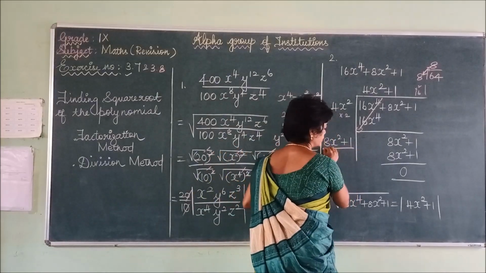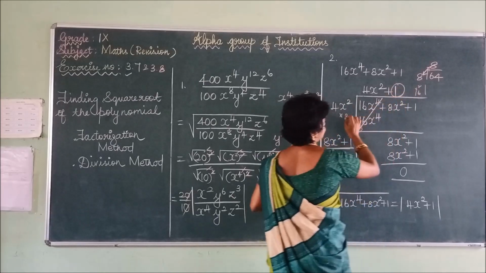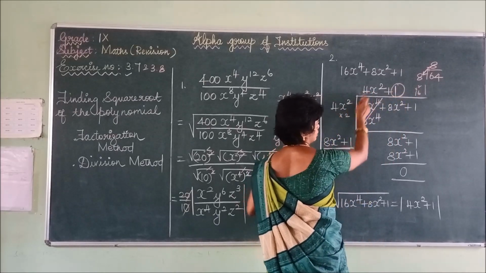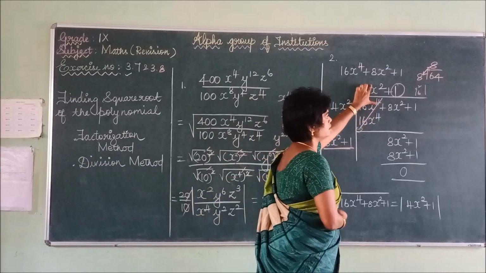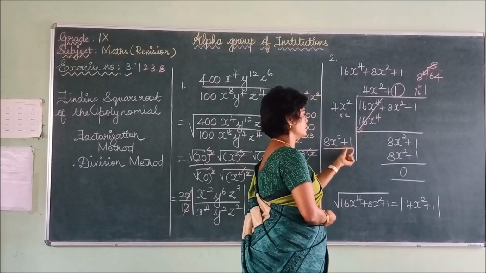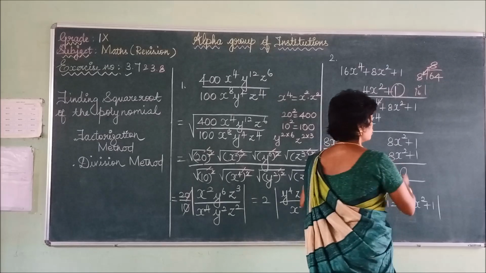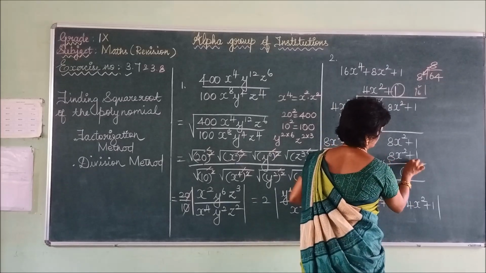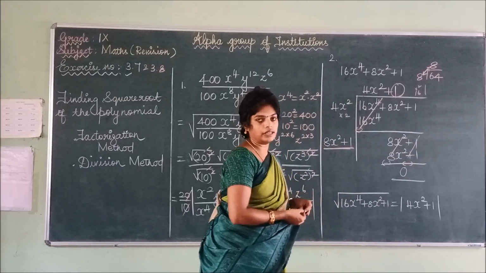So you multiply this 8x squared plus 1 with this 1. Because already you have done 4x squared into 4x squared is 16x power 4, you can leave this value, and this one you have to multiply with 8x squared plus 1. 1 into 8x squared plus 1, again it will be the same. So you can subtract those values. If you subtract this, you will get the remainder 0.